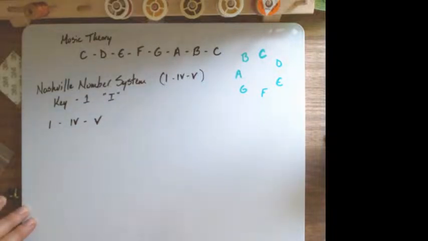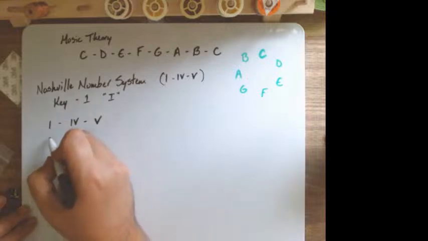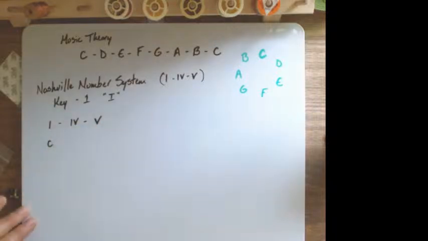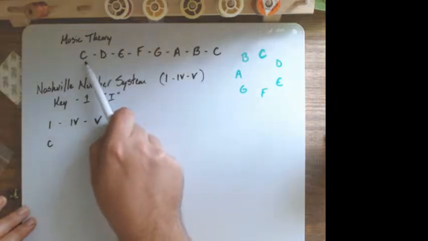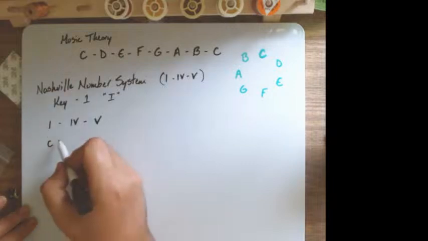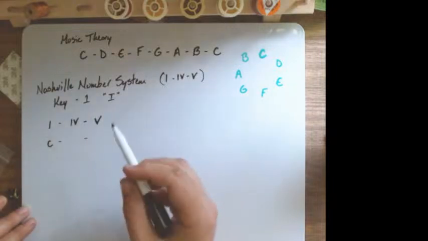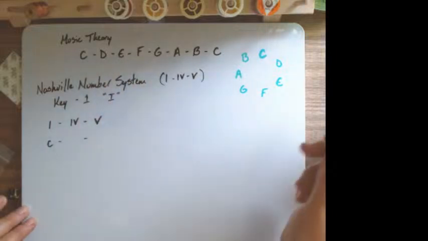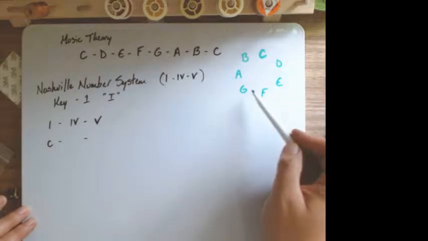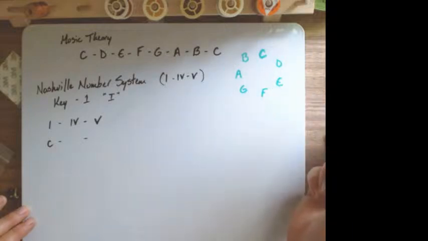And if we're working with C major, our key is going to be C. Now we're going to start right here with the number 1. Our next chord that we need is going to be the 4. So if this is 1, we're just going to go right up the scale, or why we use a circle, you just go right around the circle. It doesn't really matter where you are.